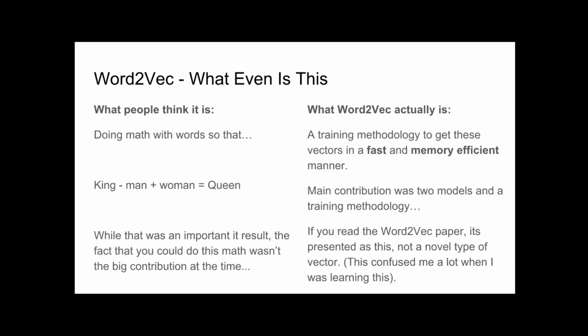Word2Vec initially was two things: it was two models and a training paradigm, we'll call it. If you go and look at the Word2Vec paper, this thing that everybody talks about is not a footnote, but it's a single sentence in a second paper after Word2Vec had already been released.